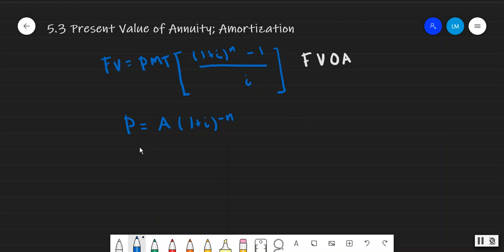We have PMT multiplied by 1 plus i to the n minus 1, all divided by i, and this is multiplied by 1 plus i to the negative n.